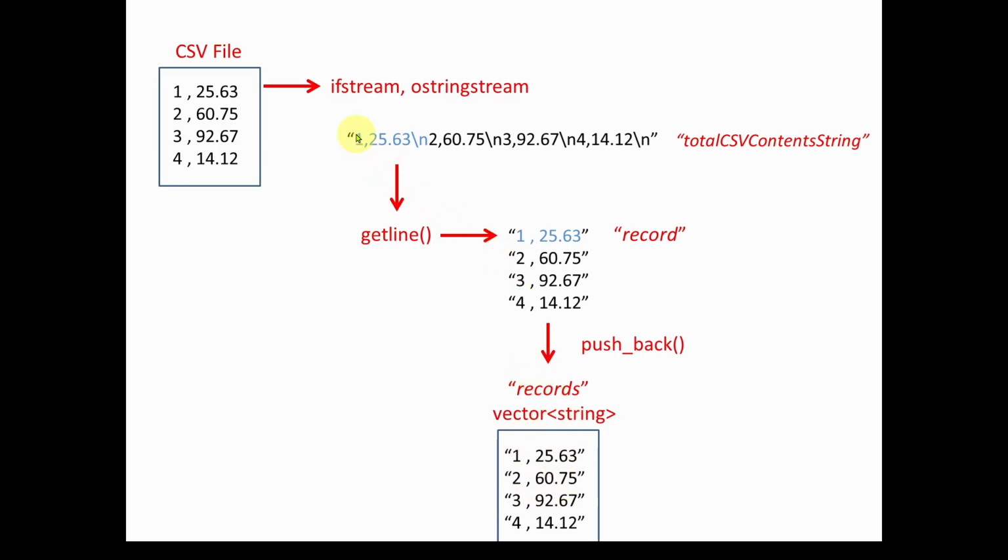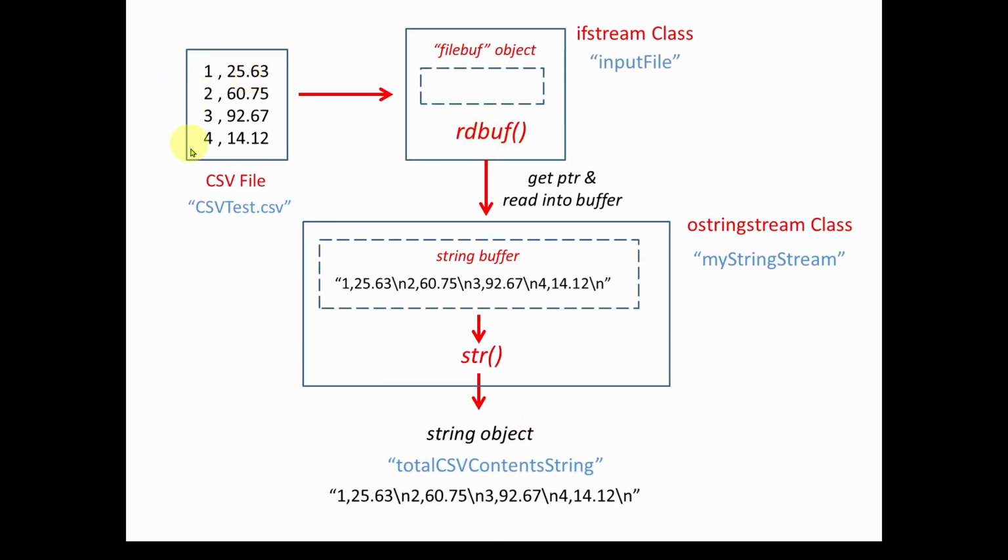So now we got to think, how are we going to get this? We said we're going to use ifstream and output stringstream. What are the details of this? So let's look into that now. So here's our CSV file. We named it csvtest.csv. It's located in our project folder.